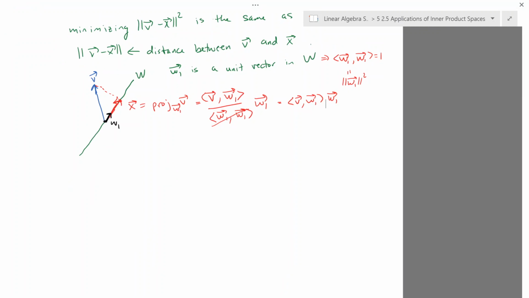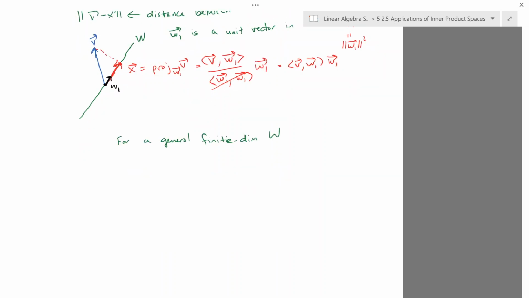Okay, so this is when W is one-dimensional. But now for a general finite dimensional W, right? So now say W is any other finite dimensional subspace. It essentially follows from this idea, right?